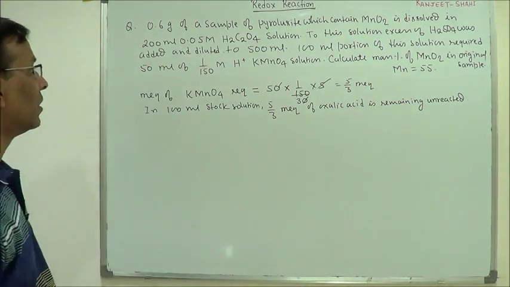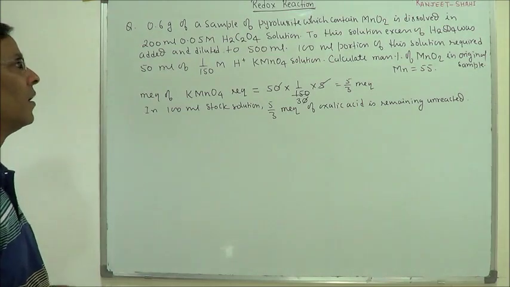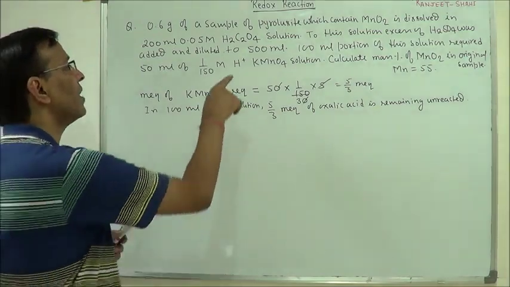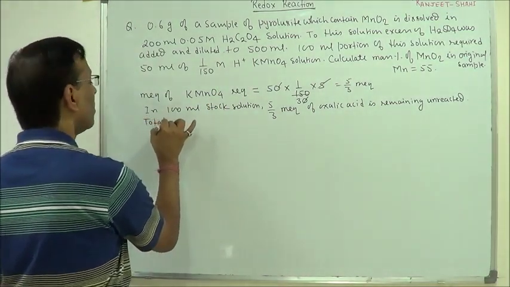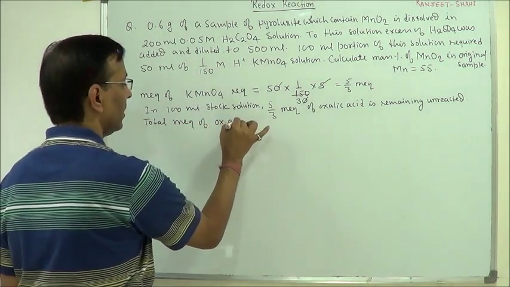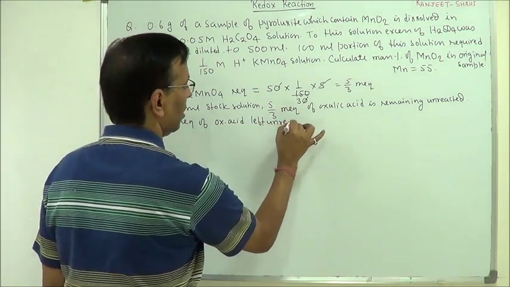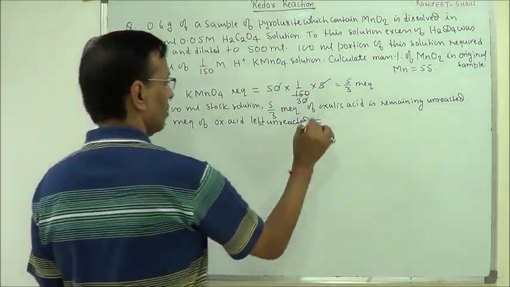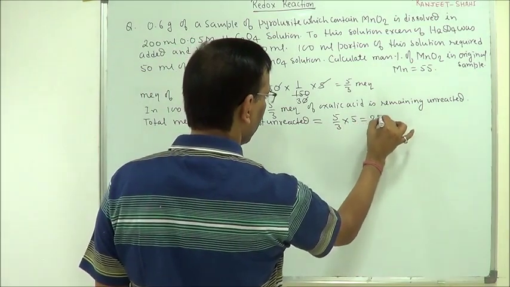But since the stock is 500 ml, total milliequivalent of oxalic acid left unreacted is equal to 5 by 3 into 5, 25 by 3.